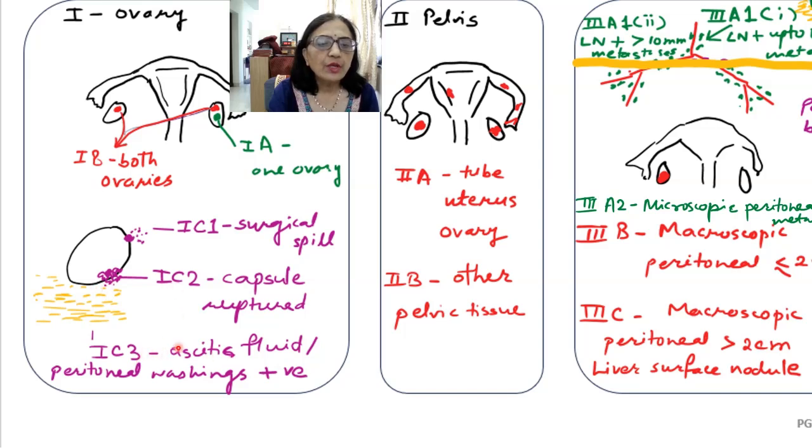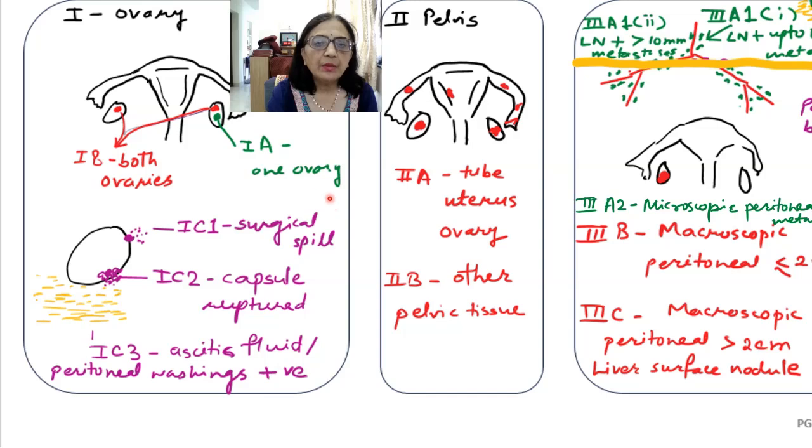C3 is when ascitic fluid or peritoneal washings are positive for malignant cells. Now remember that if there are no extra-ovarian metastases, it is still stage 1. Many times we have a wrong concept that whenever ascitic fluid tapping comes positive for malignant cells, it is a late stage disease, and we consider it to be stage 3 or beyond. It is not like that. It is a wrong concept.